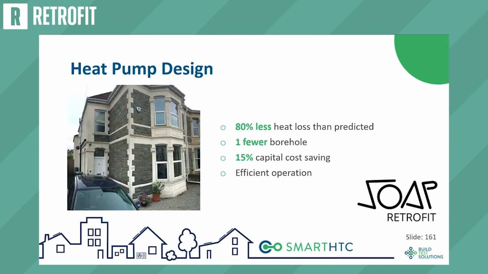That means he can have one less borehole. It was a ground source heat pump with 4 boreholes planned, only needed 3. He had a 15% saving in his capital cost, and the heat pump should run more efficiently because it's better sized for the house. So that's a slightly extreme example. Not all houses are that different, but we observe it fairly regularly, so he's been able to say, this is the right thing to do for this particular building.